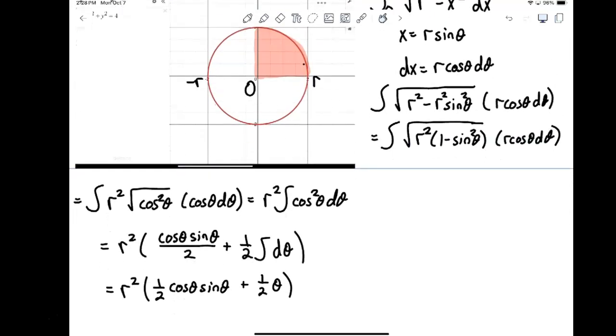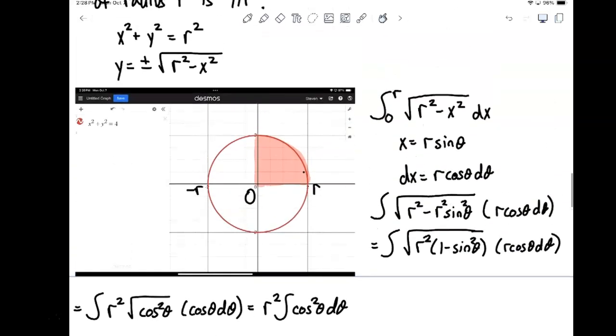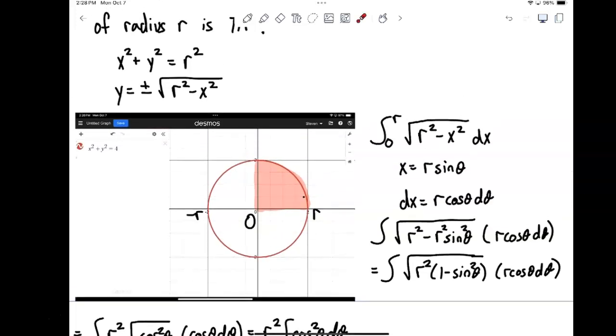Now it's time to go back and find out what the answer is in terms of x. Let me just recap again. We were looking for the area of a circle of radius r. We chose one centered at the origin because moving a circle somewhere else doesn't change its area.